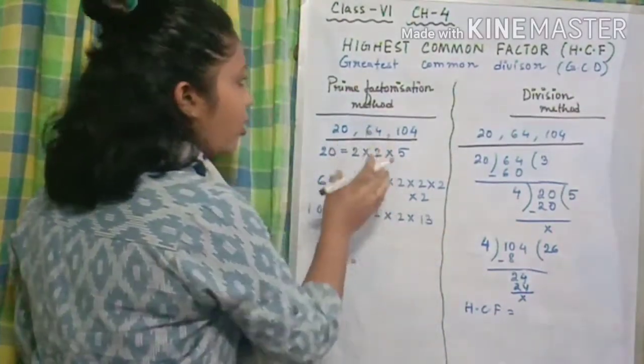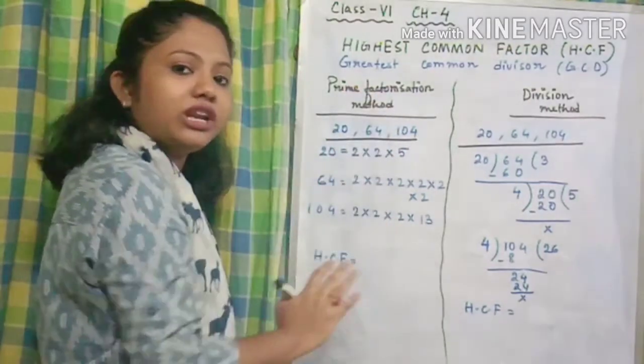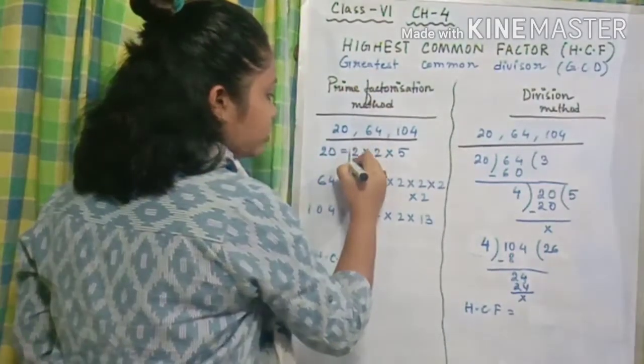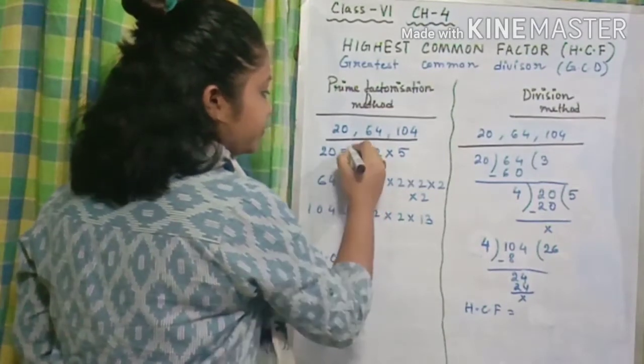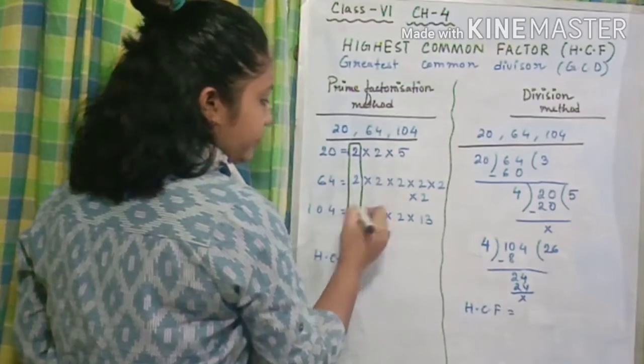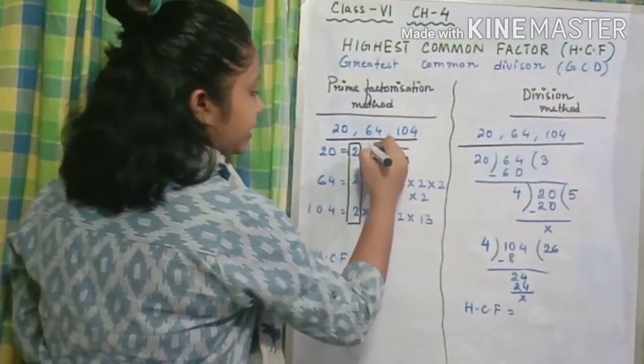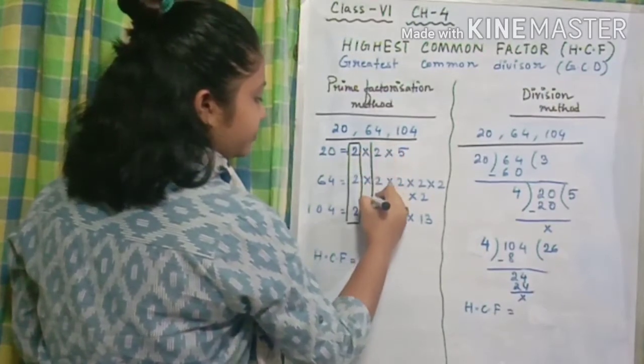Now what we have to do is find which is common between these three numbers. The first one that is common is the first 2, then the next set of 2.